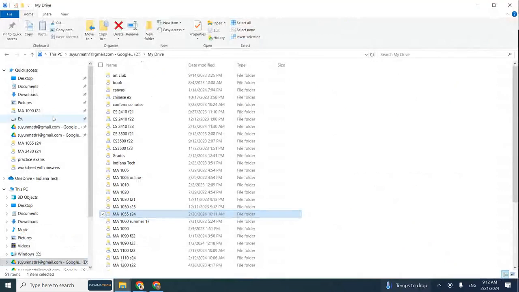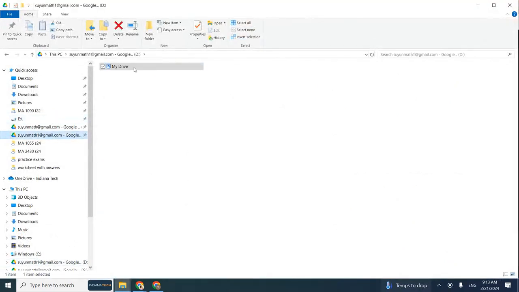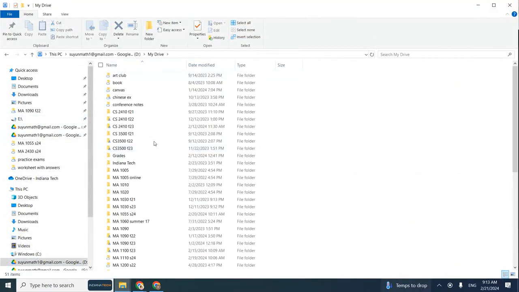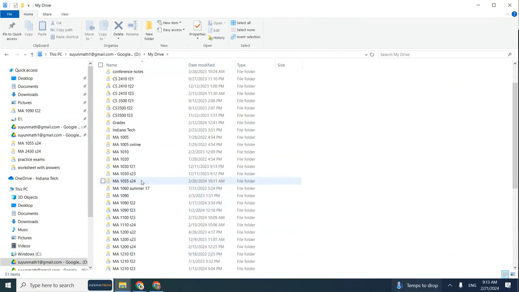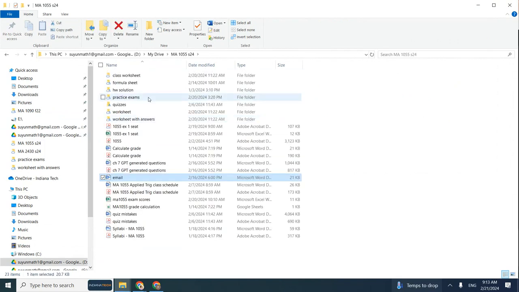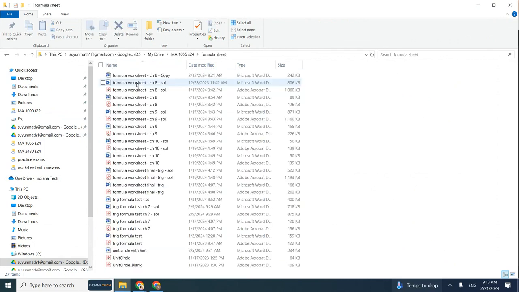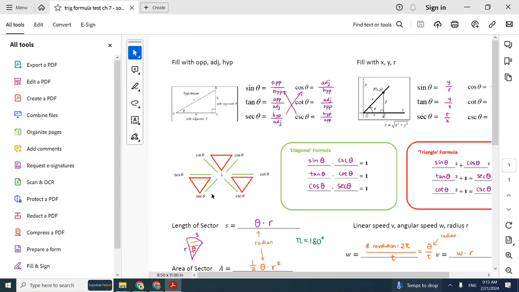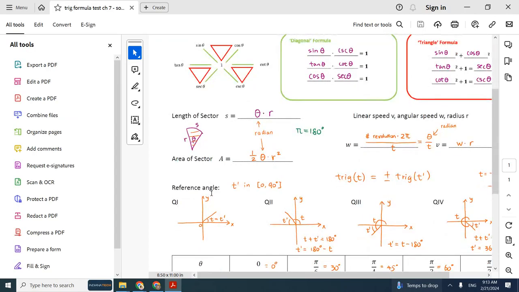When we wrote down the formula sheets, remember I gave you the chapter 7 formula sheet practice. Where's the formula sheet? Here. And then chapter 7. I emphasized this theta must be in radians.